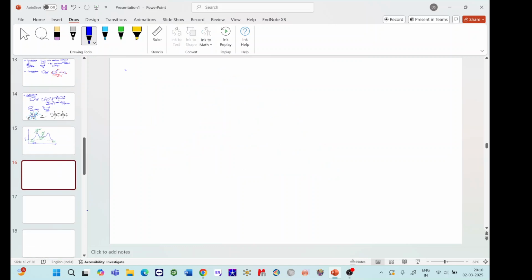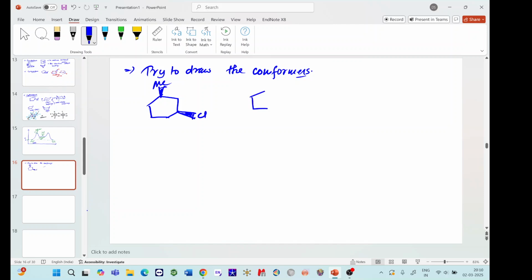So let us try to draw the conformers. Suppose we have this one. I have the 2D representation, one methyl and one chloride, and another isomer I will write, one methyl, and this one is the opposite side.